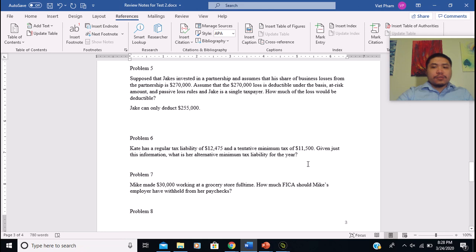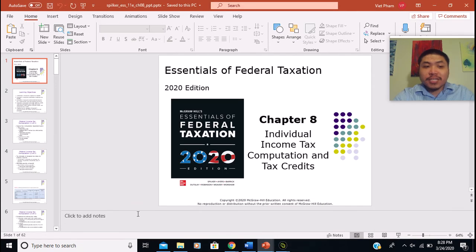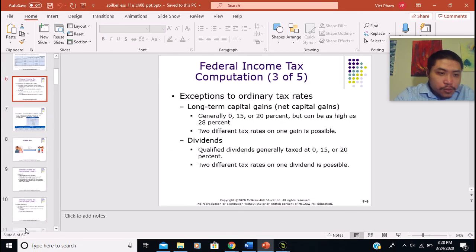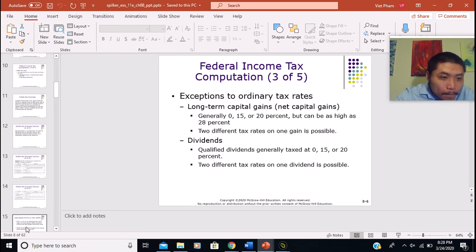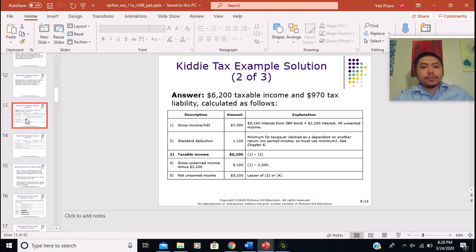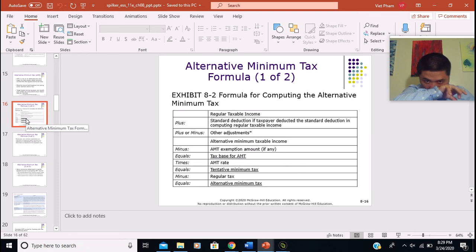So remember the AMT formula, right? Which is going to be chapter 8. So here's the AMT formula, right?